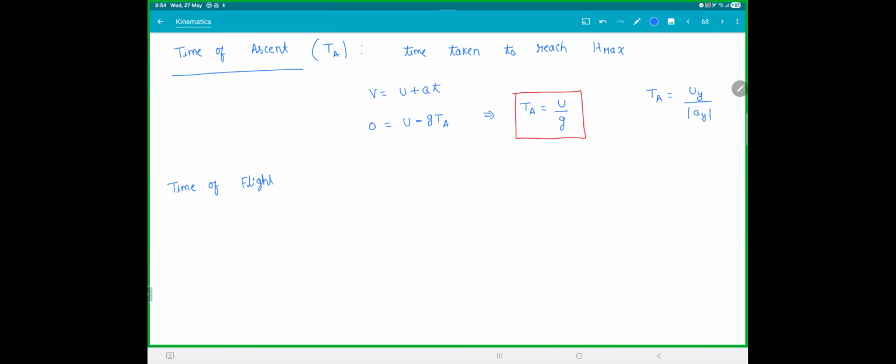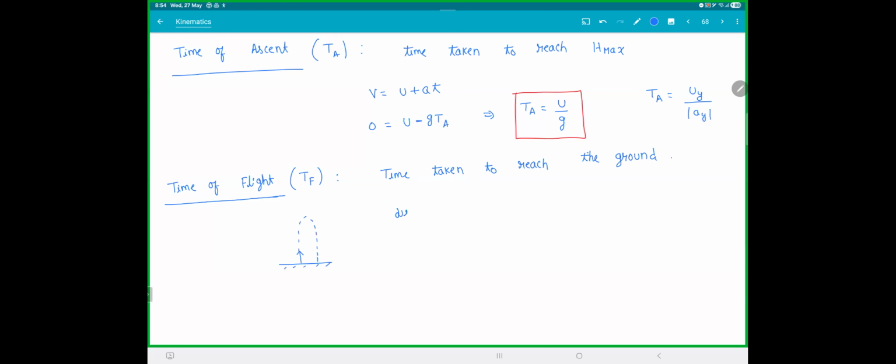Time of flight, TF. This is the time taken to reach the point of projection. Or you can say time taken to reach the ground. Or the flat surface, however you want to call. Now in our case, when you throw it here, you come back to the point of projection.